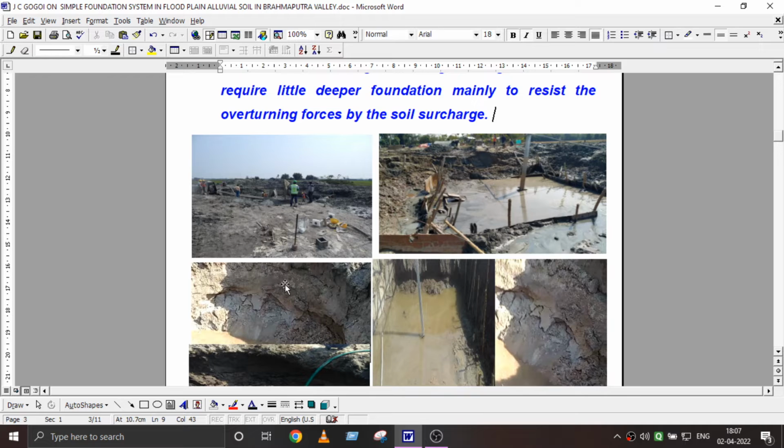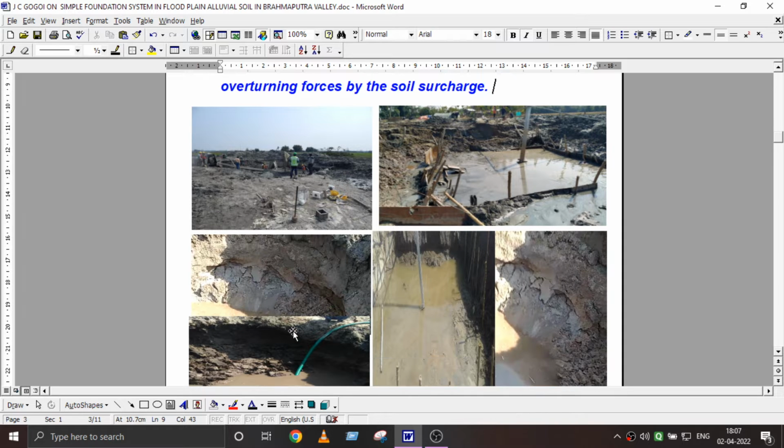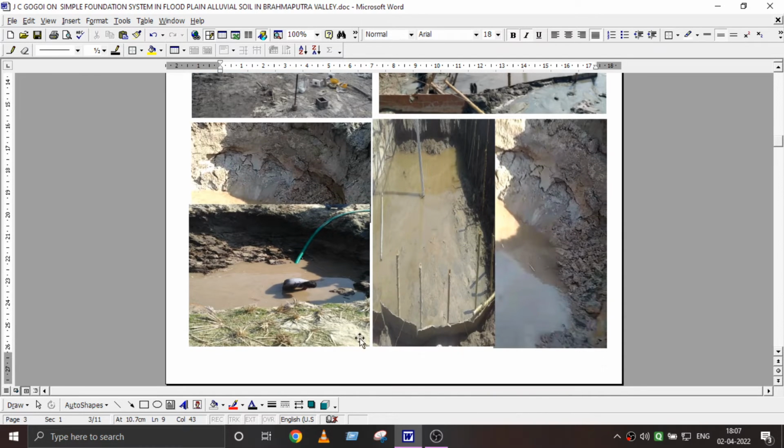Since soil moisture is there, automatically it is sliding down. These are slides.